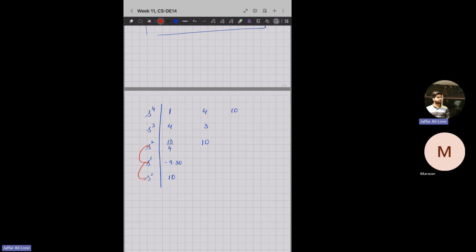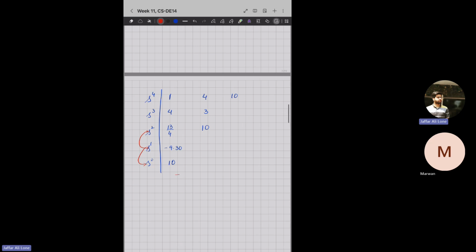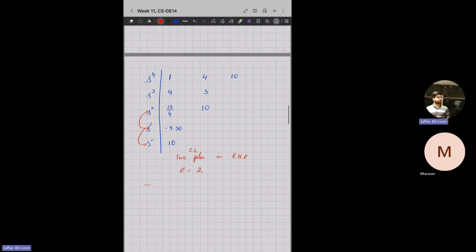Two sign changes imply there are two closed loop poles in the RHP. So that means my Z is equal to 2. That implies my NC is equal to Z minus P, which is equal to 2 minus 0, which is equal to 2.